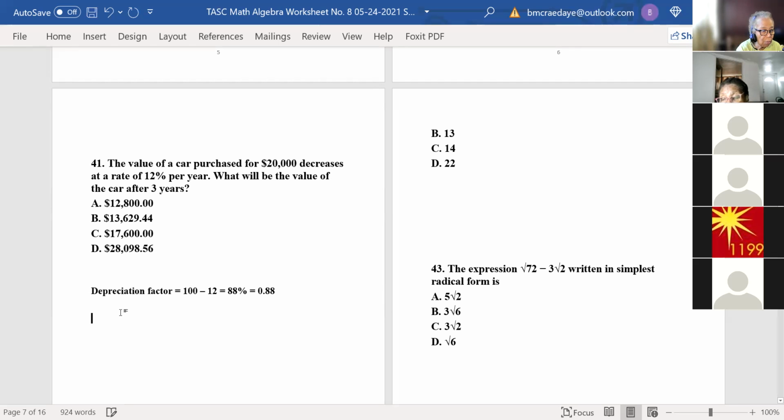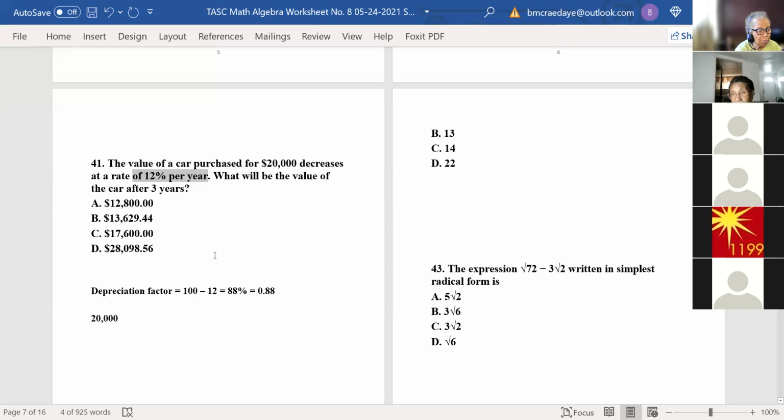Excuse me, is this just a number you came up with? Because I didn't see it in the math. No, they gave us the 88, it decreases at a rate of 12% a year. And I just subtracted that from 100 to get the depreciation factor, whatever your rate is subtracted from 100.